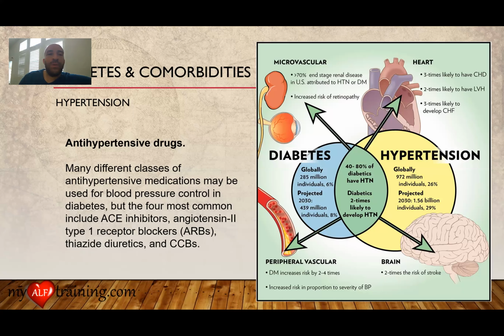So, as you know, diabetes affects the body on a microvascular level. Now, having hypertension does the same thing. So, in diabetes, when patients have chronically high blood sugar, that means that our blood vessels are getting clogged, sometimes with sugar, if you will, that's in the blood.